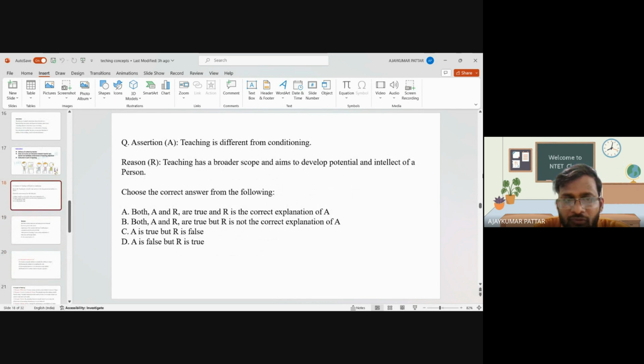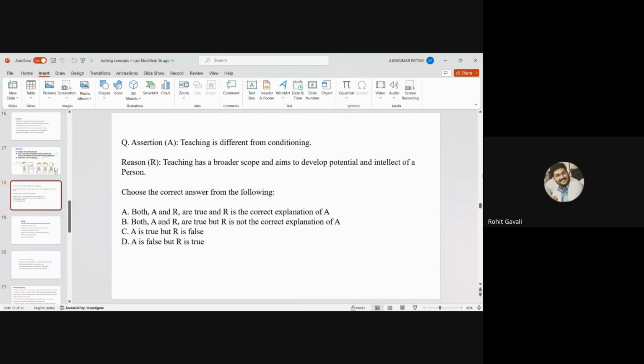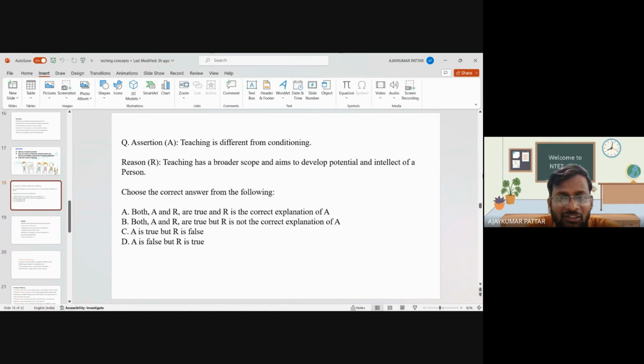Hello, are you able to understand the statement? What is my statement? Assertion: teaching is different from conditioning. Is this right or wrong? Hello, please respond. Whatever may be the answer, even I made a mistake while reading it the first time. Participants, feel free to answer. Participants, please interact. Then only I will understand you are participating, because I am not expecting correct answers.